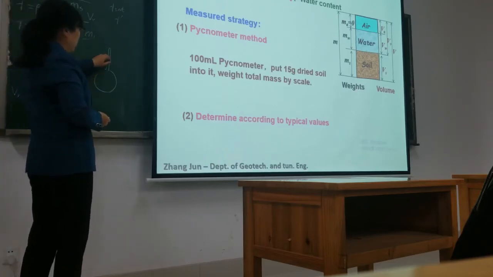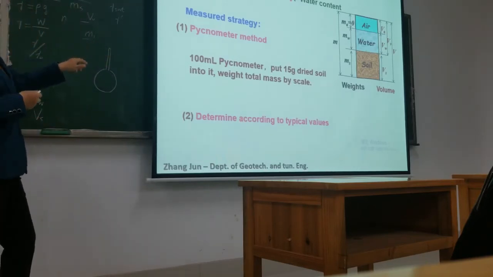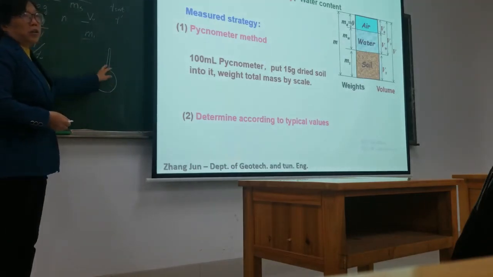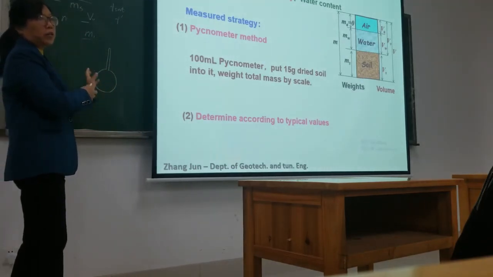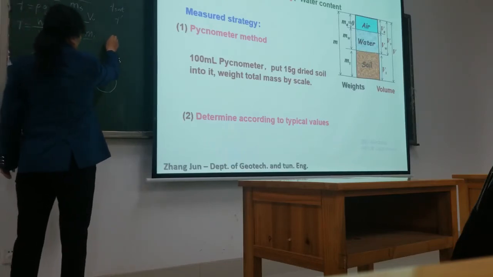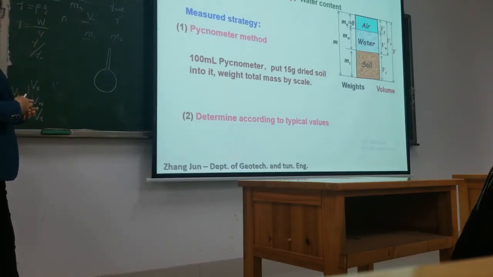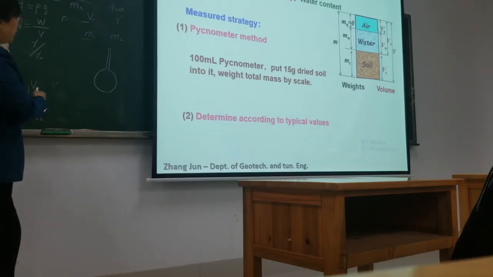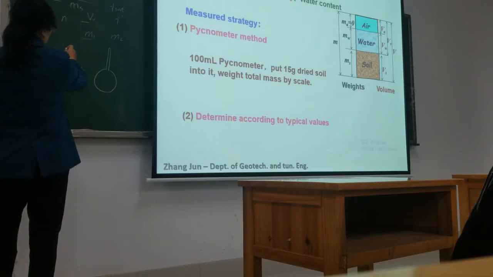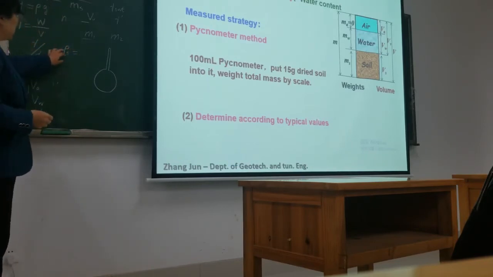And then we put the 15 grams of dry soil into the bottle and fill with water. Maybe it's mass 2. So we can get the soil particle density.